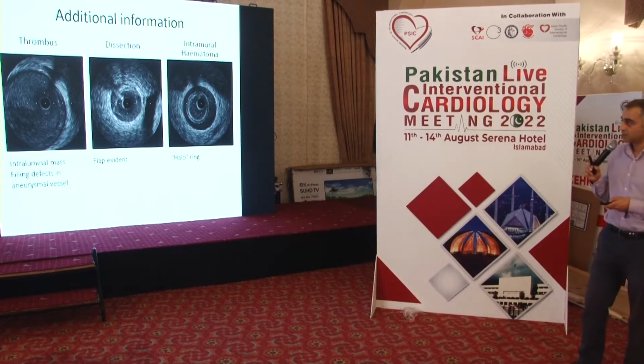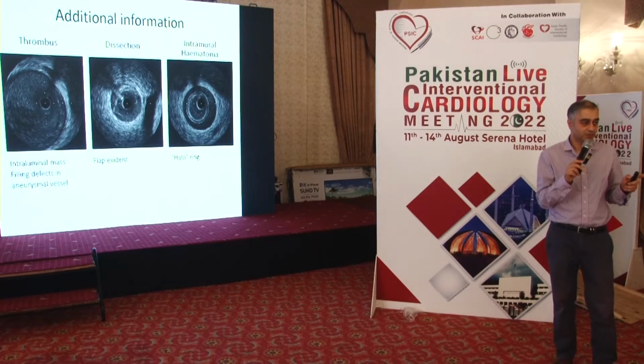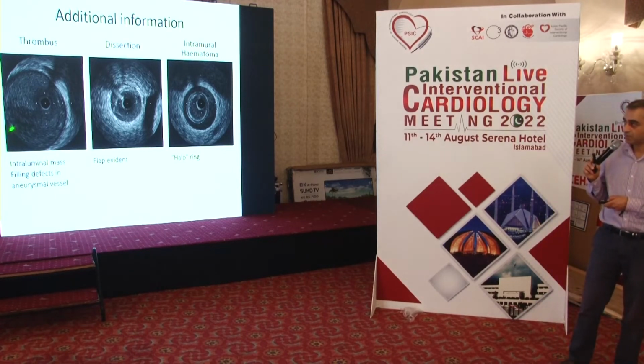So it's the dark band. So here, can you see here? This dark band. And remember that the depth of IVUS is around 10 millimeters. So if you've got a big aneurysmal artery, sometimes it might drop off. So you don't see the vessel here, but you can appreciate here the dark band. Can you see that? As I move here, this is the dark band. Can you see my green pointer?